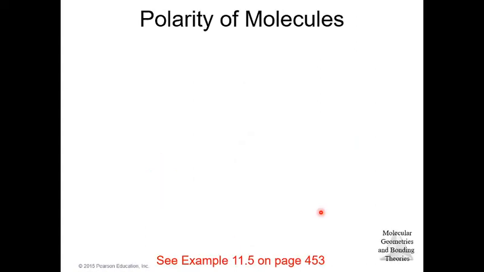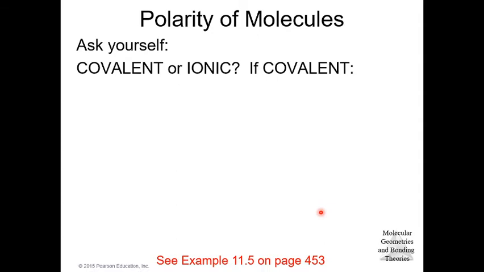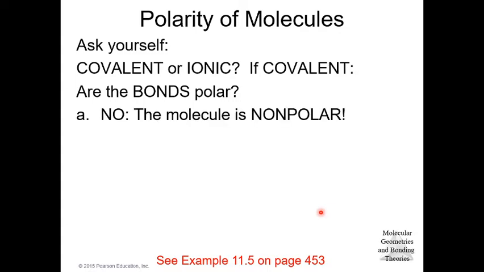All right, onward. So if you want to figure out if your molecule is polar or not, you have to ask yourself a series of questions. Question 1, is it covalent or ionic? Well, if you're ionic, polarity has nothing to do with it, and you can move on. But if you're covalent, you have to ask yourself more questions. Are the bonds polar? Look at the difference in electronegativity. That will tell you if the bonds are polar. If the answer is no, the molecule as a whole is nonpolar.